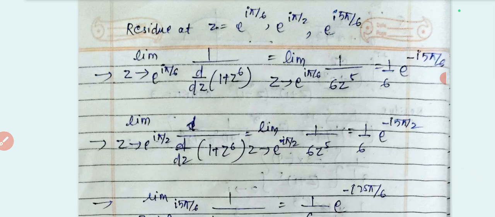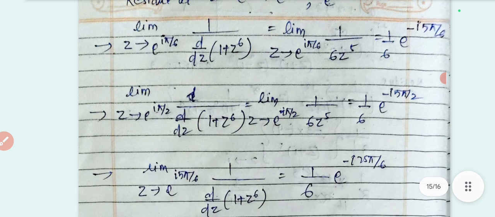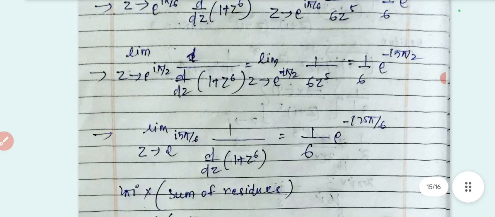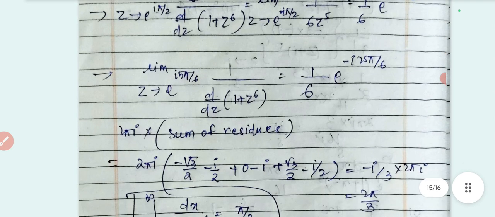Then limit z tends to e to the power i pi by 6. The derivative will be 6z to the power 5. Put e to the i pi by 6 in place of z. The answer will be 1 by 6 e to the power minus 5 i pi by 6. That goes for n equal to 1 and n equal to 2.